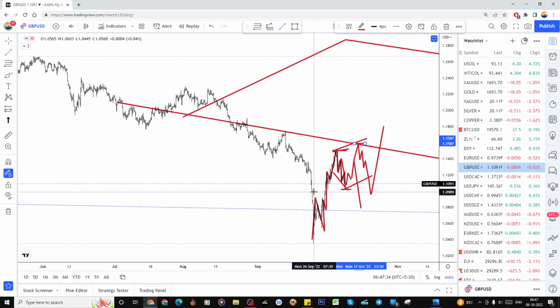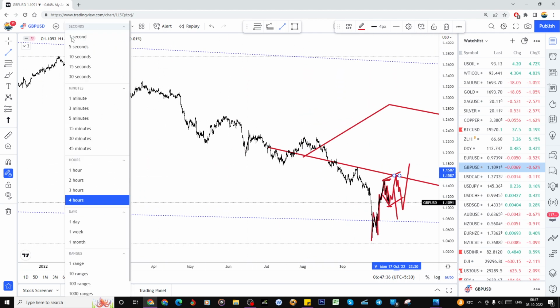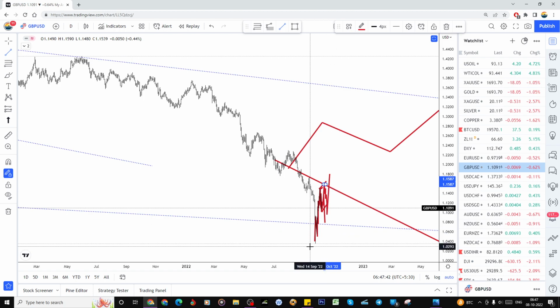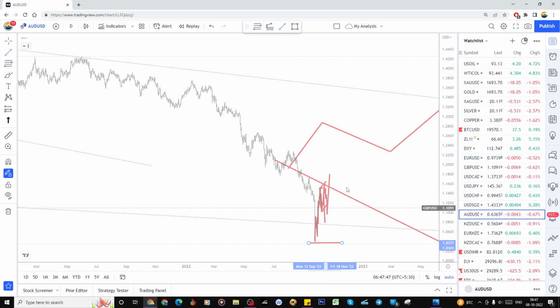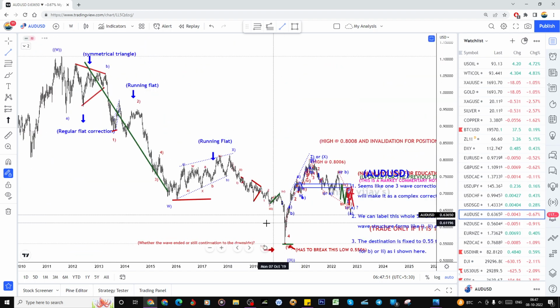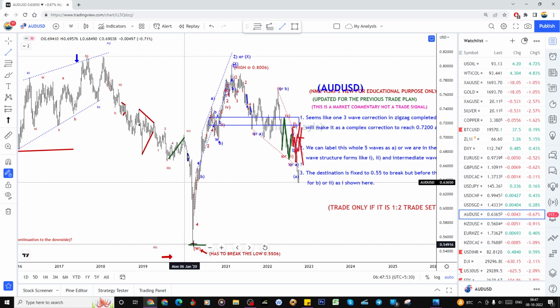But in my view, as per Euro USD and GBP USD, it's showing maybe one more down is also possible, because the Australian dollar has not yet broken the previous low. It's very strong.